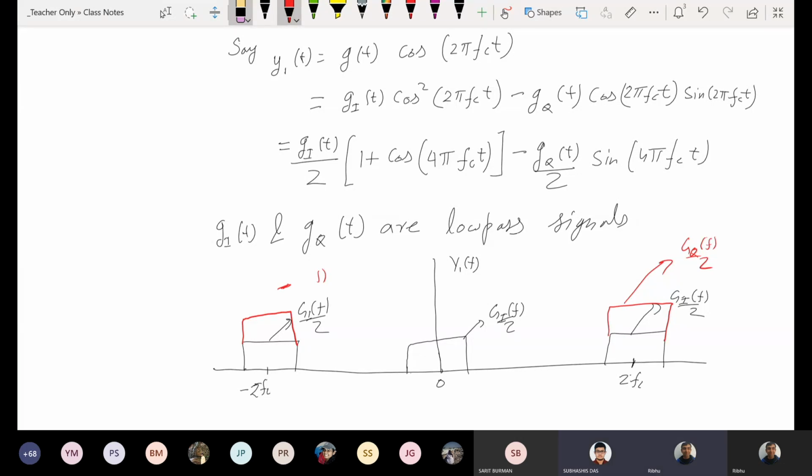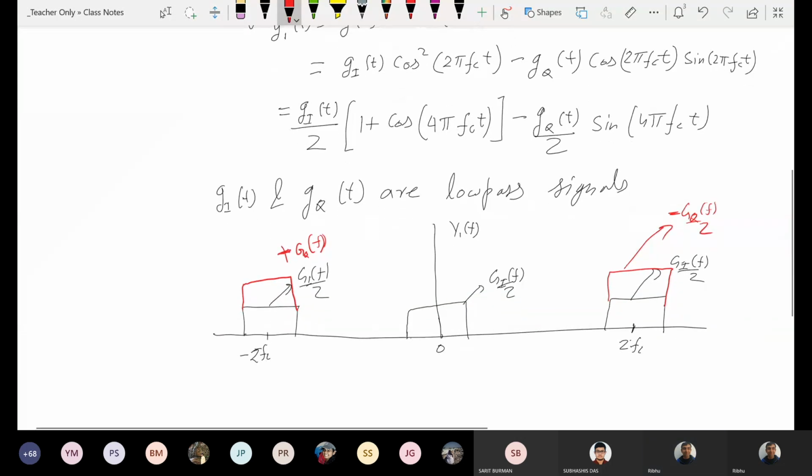In the negative frequency you'll be adding minus gQ(f) by 2, on the right hand side you'll be adding gQ(f) by 2, because of sine and cos. Sorry, again: this should be minus and this should be plus. Balancing the signs, you get this. This is fine.